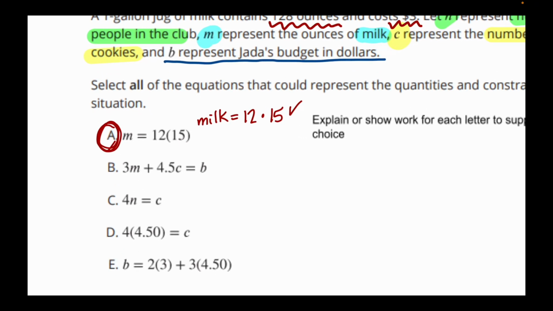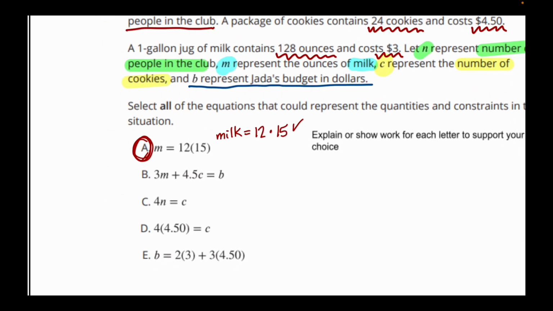For option B, they say 3m plus 4.5c equals B. Well, 3 would be the number of ounces of milk multiplied by 3, but it's $3 for 1 gallon and not the actual ounces of milk.